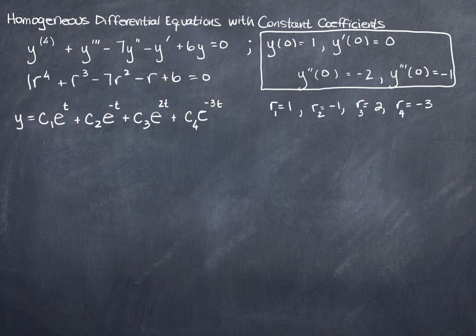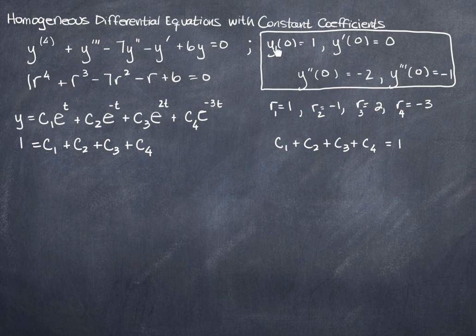If t is 0, I get c1 e to the 0, which is 1, plus c2 e to the negative 0, it's still e to the 0, which is 1, plus c3 e to the 0, plus c4 e to the 0. So when t is 0, I get that, and when t is 0, y is equal to 1. I'm going to write that result over here in a slightly different form. c1 plus c2 plus c3 plus c4 equals 1.